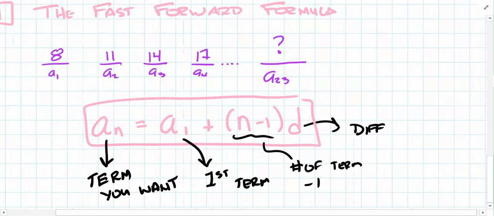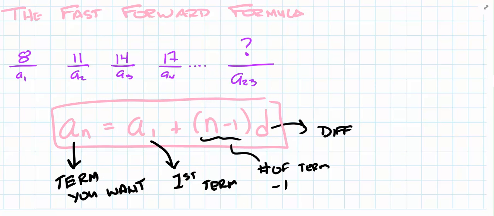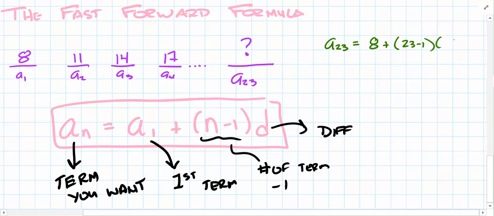So let's apply this formula to this case right here. So I'll move over and we'll go green. If I want the 23rd term, and I realize that this sequence is arithmetic, I can apply the formula. The first term, which is what, everybody? 8. Very good. Plus, I'm going to have 23 minus 1. And then what's my common difference? How do I go from 8 to 11? I go up 3. 11 to 14. Up 3. 14 to 17. Up 3. So the difference is 3.